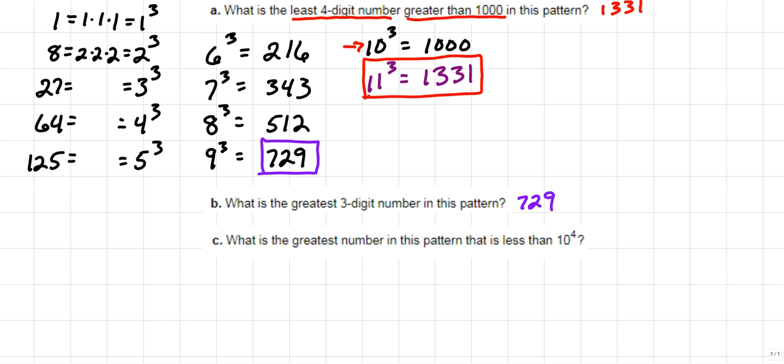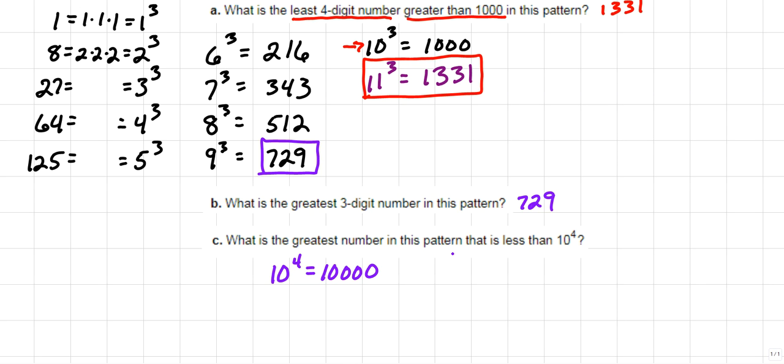Because 10 to the 4th is going to have 4 zeros in it. Now what I'm going to do is take the cube root of this, because what I'm looking for is a number cubed that's going to be just less than 10,000 when I cube it.